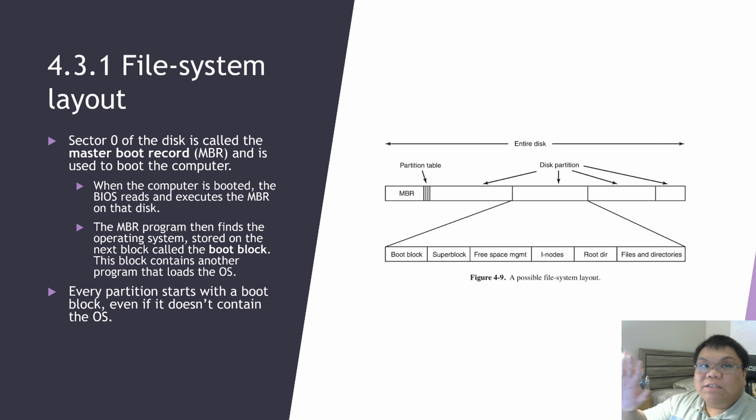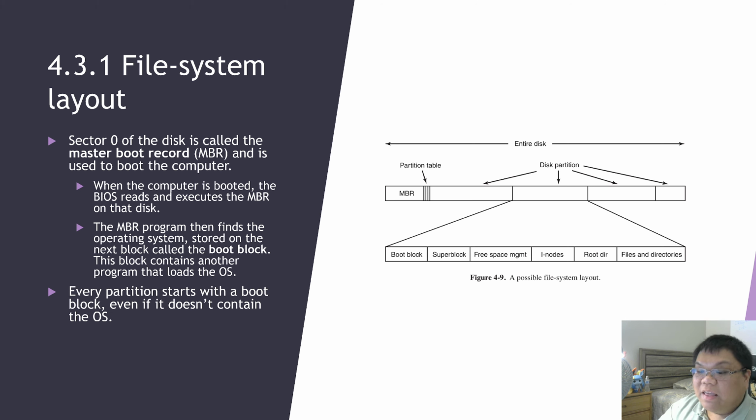So again, it starts with the BIOS, because the BIOS knows which disk has the operating system. On that disk is an MBR, which then is used to find the boot block that contains the operating system. On that boot block is a bootstrap program that takes the operating system stored on the disk, puts it into memory, and starts up the operating system.